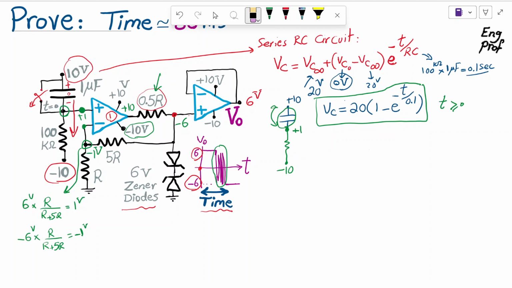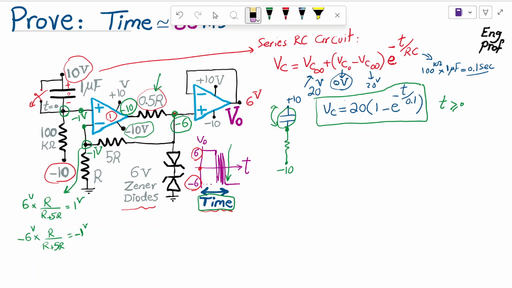The point that we get to the final steady state change of state is when we really get to negative 1 volt at the positive terminal. So as soon as we hit negative 1 volt, then we are done, because below negative 1 volt, the circuit gets to the steady state of negative 6 at this node, and negative 10 at the output of the first op-amp.